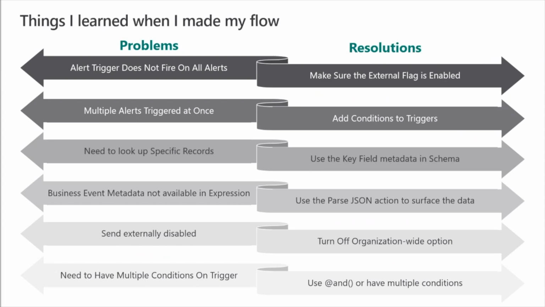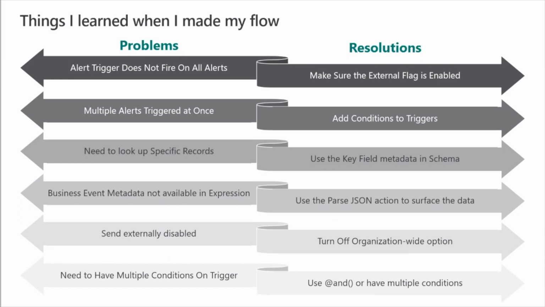Now, also I need to look up specific records, and the key, previously, you didn't really get a lot of information from the payload that came through in the alert, but now we have the key fields, the table name, and a lot of information, even deep links, inside the metadata for the schema for what's being passed through.